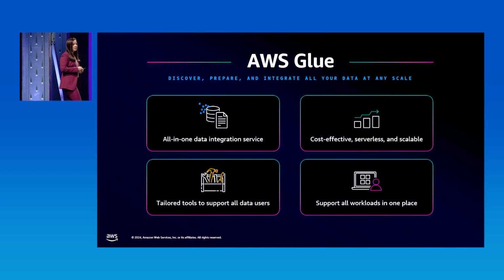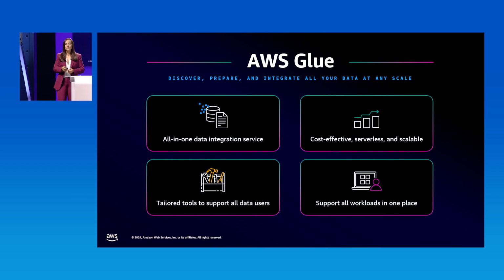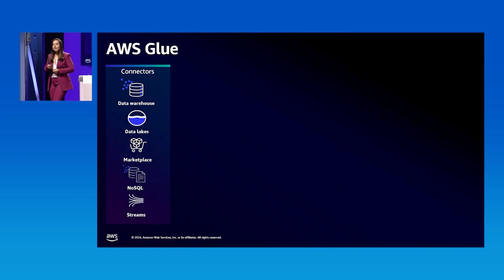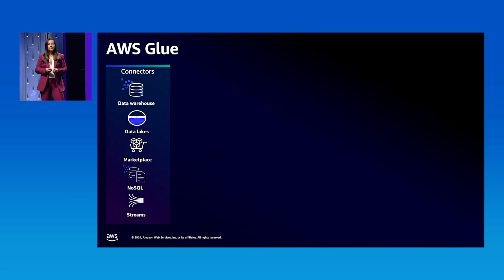AWS Glue is a serverless managed service for data integration. It allows you to integrate various data sources with the destinations. Example data sources might be AWS services or other data sources. And you can also use connectors from AWS Marketplace.